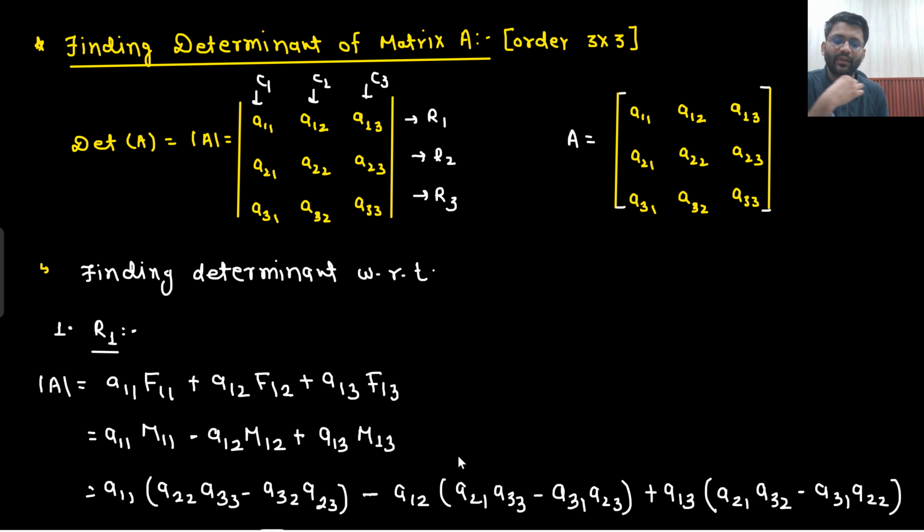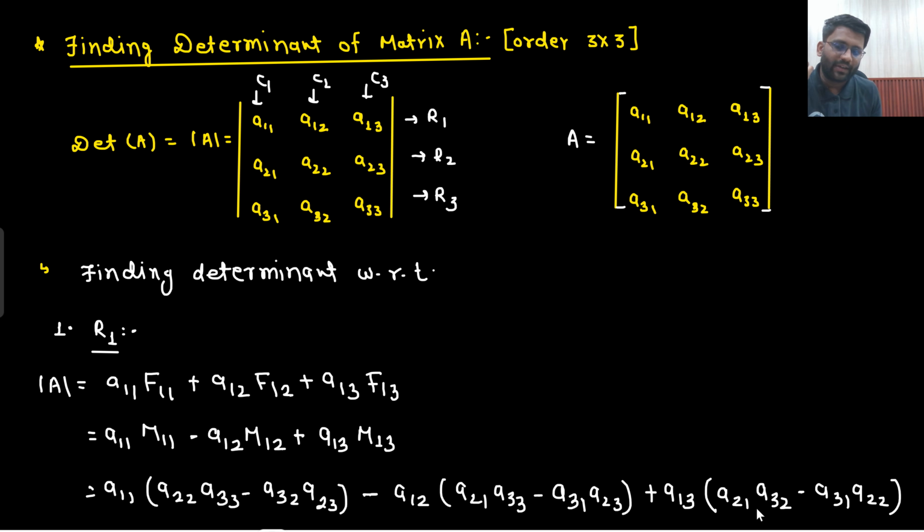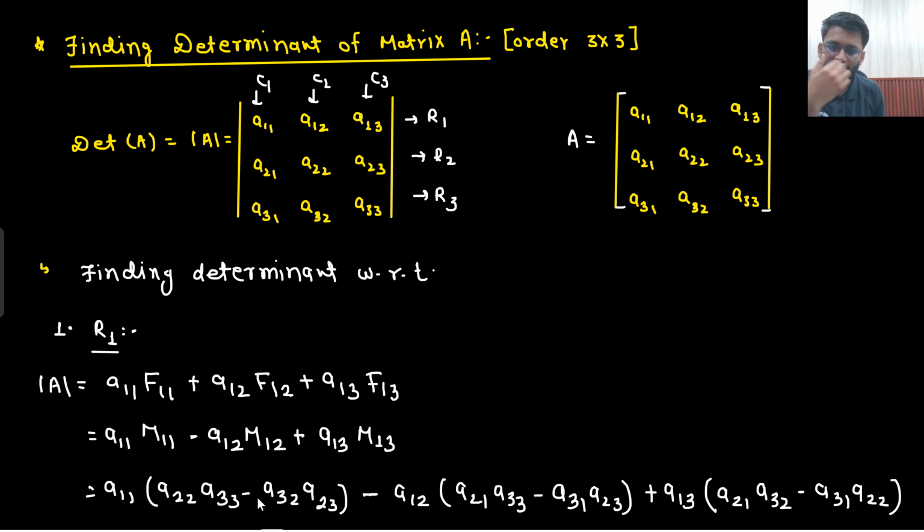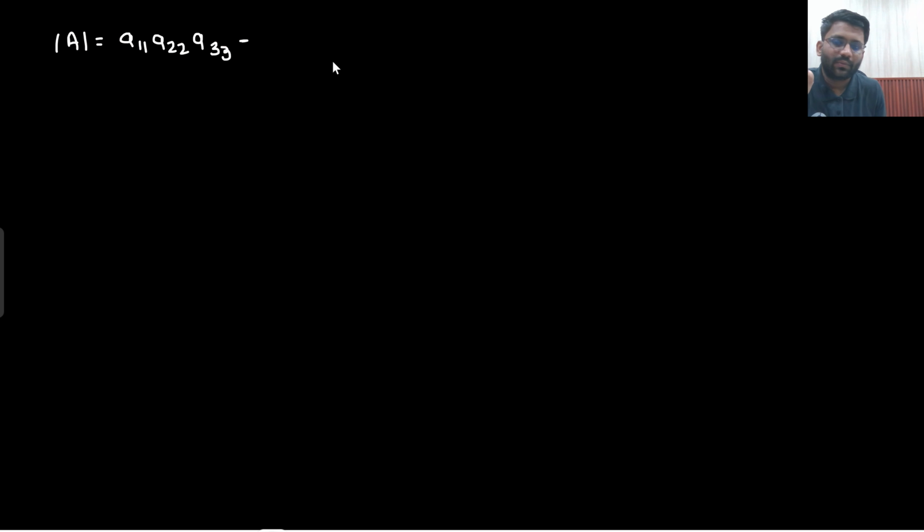You can solve it. When we solve it, what is the answer we are getting? Determinant of A we are getting as this, A11 can be multiplied inside. So A11 A22 A33 minus A11 A23 A32.